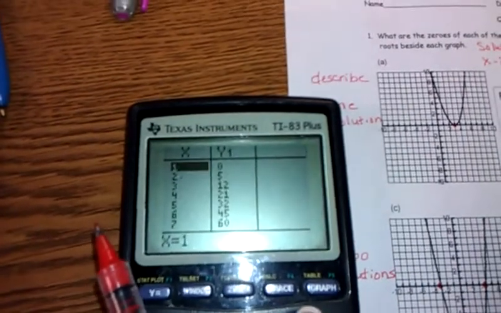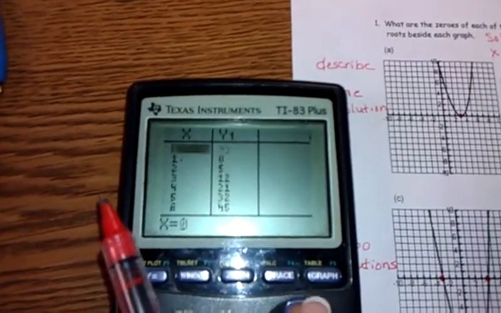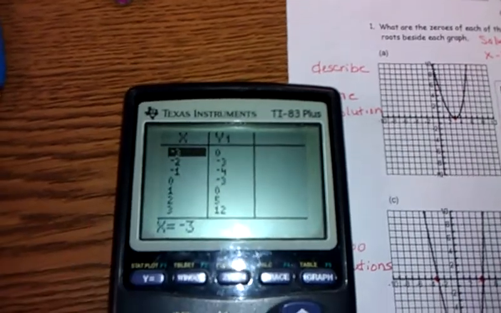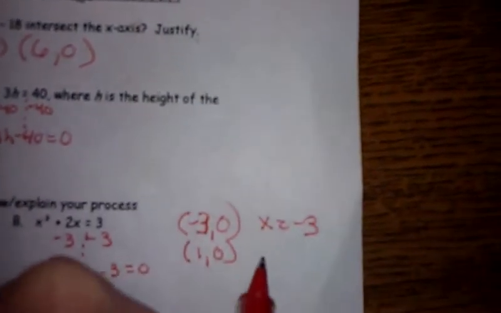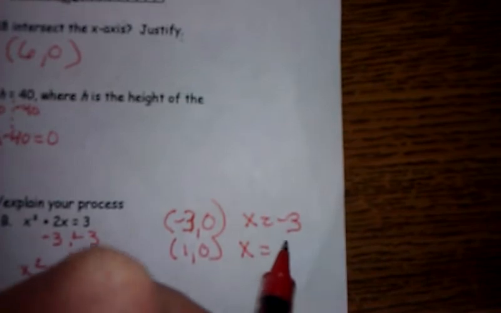So we're going to go over here. There's (1, 0) and (-3, 0). So my solutions are (-3, 0) and (1, 0). And remember, I can write it as x = −3, oh, would help if the camera was on there, huh? And x = 1.